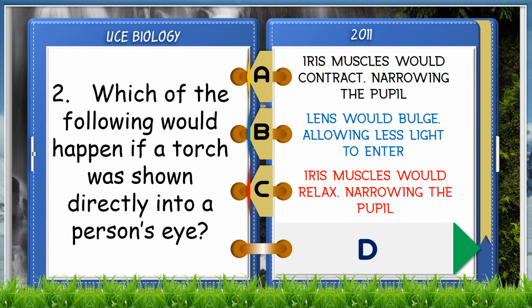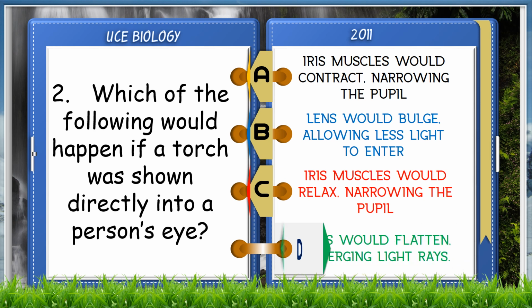C. Eyelash muscles would relax, narrowing the pupil. D. Lens would flatten, diverging light rays. The answer is B. Lens would bulge, allowing less light to enter.